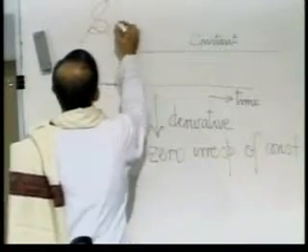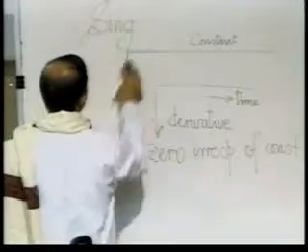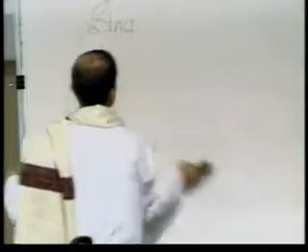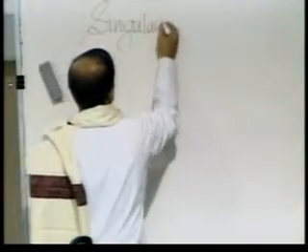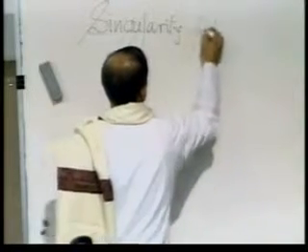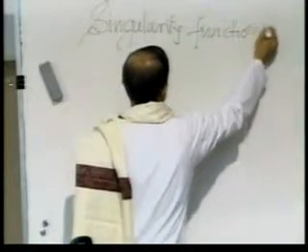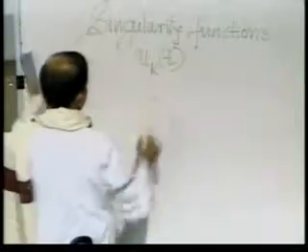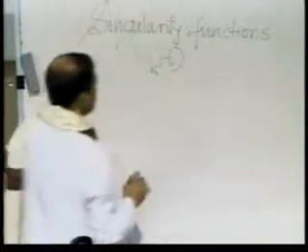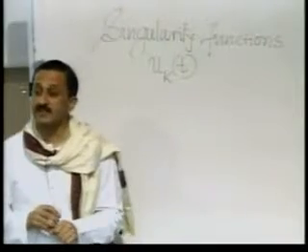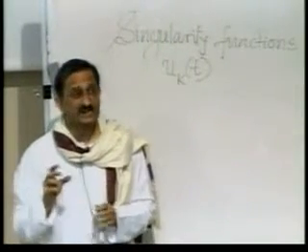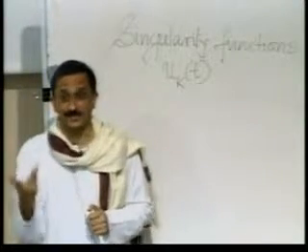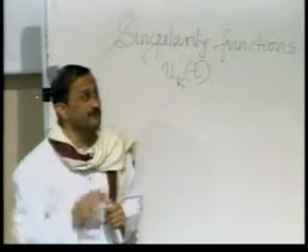These objects, the UKTs, are called singularity functions. Singularity refers to the fact that you can have a situation where something vanishes. That's what singularity means informally in mathematics.